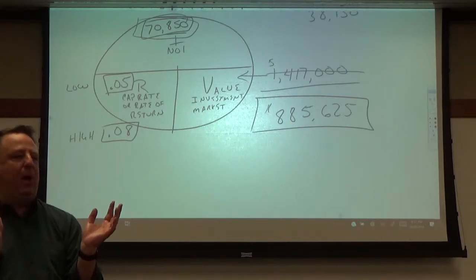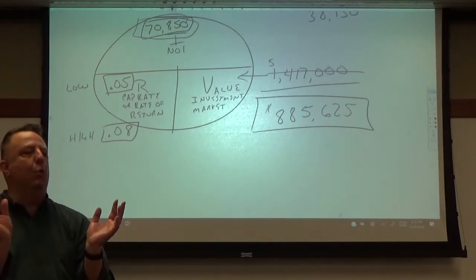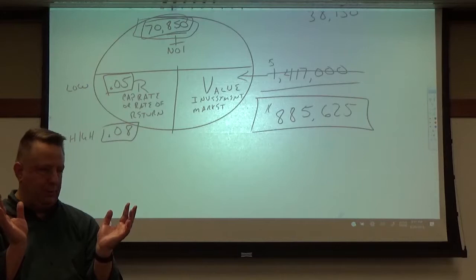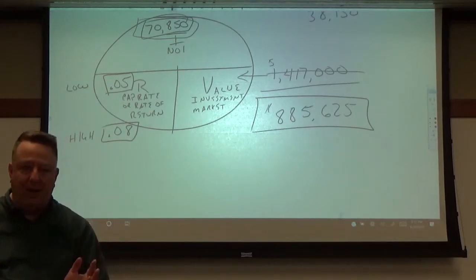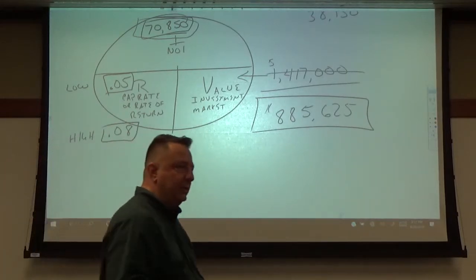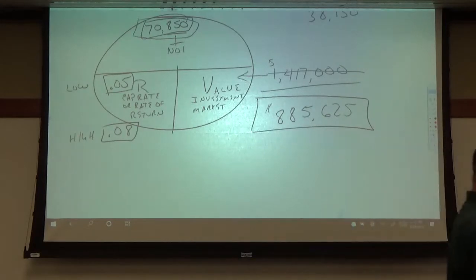Okay? The best properties I've ever owned have been in the worst possible neighborhoods. Okay? And what I mean by that is Class C, what many of us would term as junk properties, in many cases have the highest rate of return.